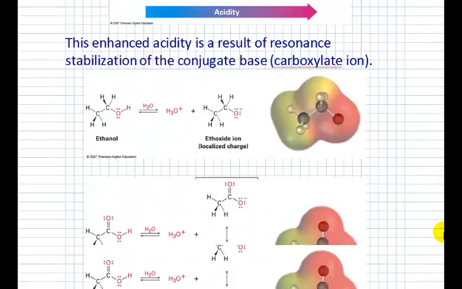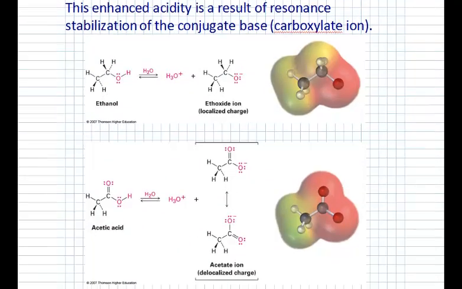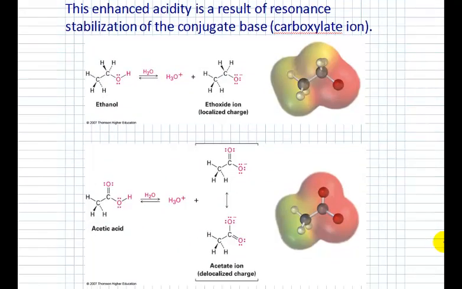And the reason for that enhanced acidity comes from resonance stabilization. Let's compare acetic acid with ethanol. Both have two carbons, both have an OH, but acetic acid has this double bond O in it. When ethanol ionizes on its own, it can make hydronium and an ethoxide ion, but the minus charge is localized onto that oxygen.